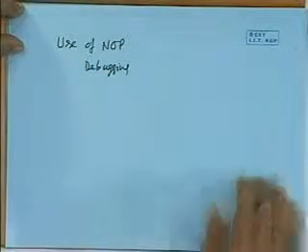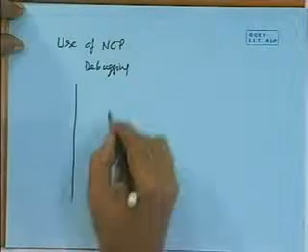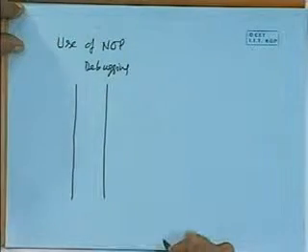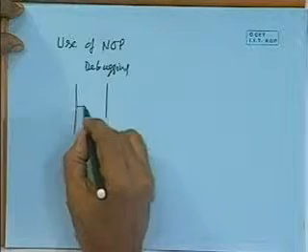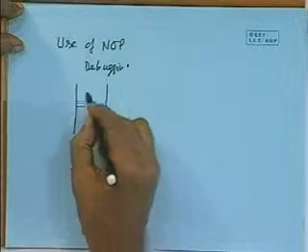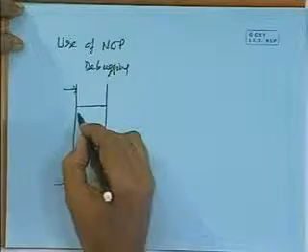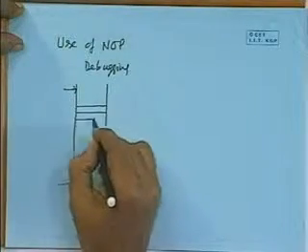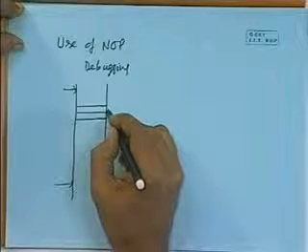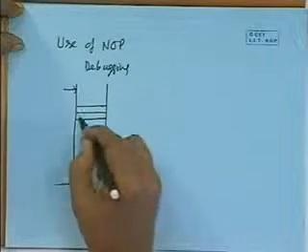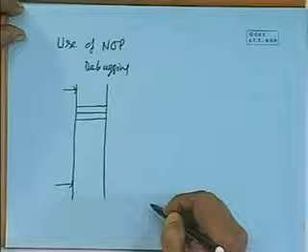How? Let us see. Suppose you have a program, and you have found that this program is from this point to this point. While debugging, you notice that these two instructions, or maybe a single instruction, have to be removed from the program.